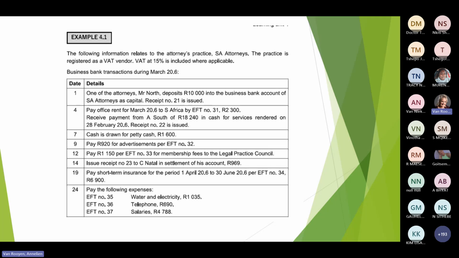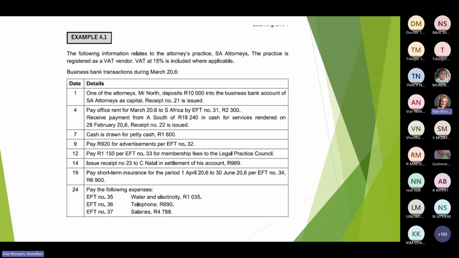Good. Okay. So, ma'am, which one is the VAT? Is VAT the 120? The VAT is the 120, yes. And then the 800 is the original price. The advertising cost, yes, is the 800 Rand.